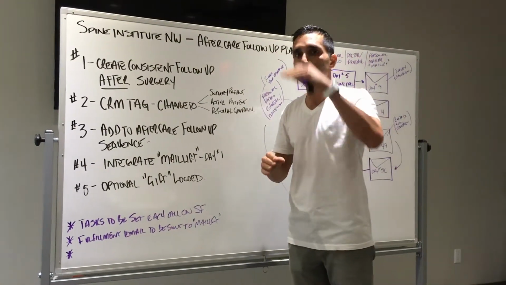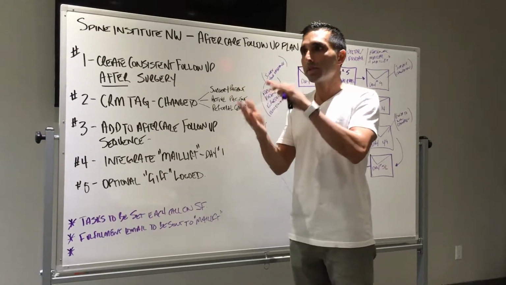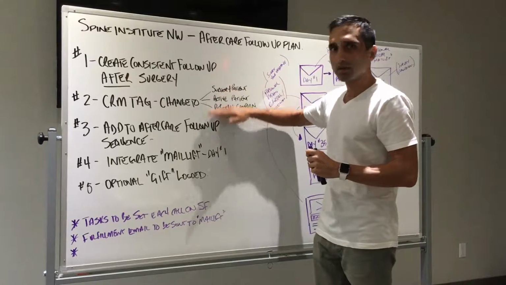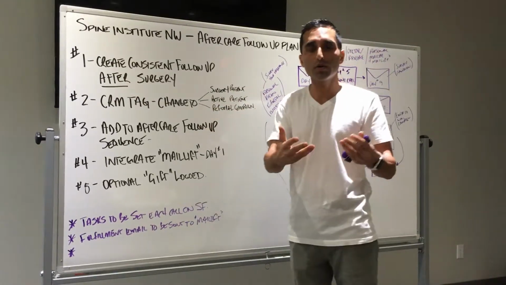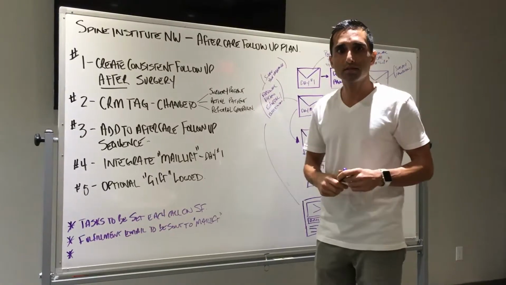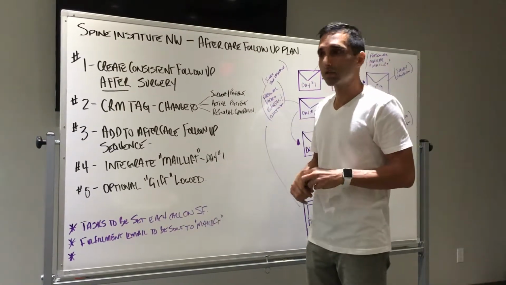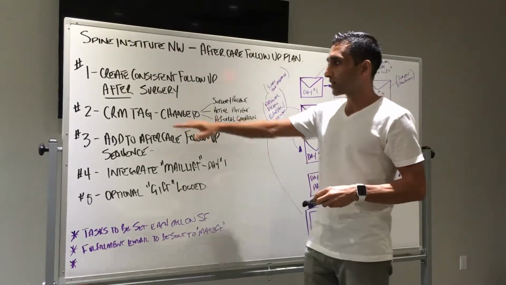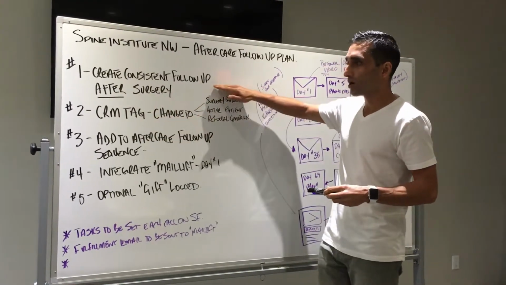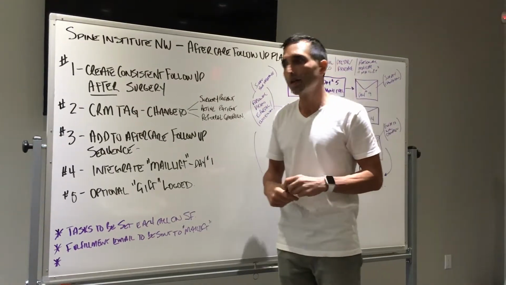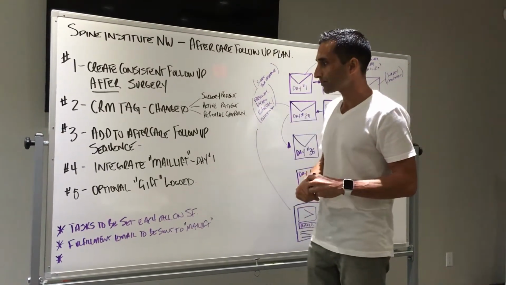If they came in from a consult off of a website, they should be tagged in all of those different areas as they go through the process. I don't know, you guys probably already have it set up like that, but I'll take a look and see if there's something I can add to that. So we want to change the tag to make sure we know those people are in a specific category within the practice.